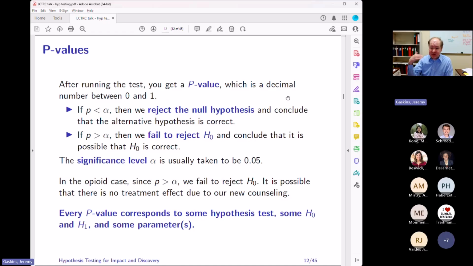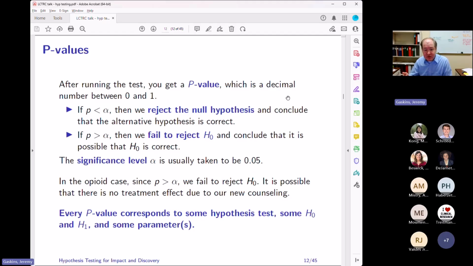So this 0.98 pill drop would be consistent with the sampling variability that we would have in opioid use. It is plausible that our treatment is not providing any meaningful benefit, that we have not changed the average number of pills that the patients are taking.